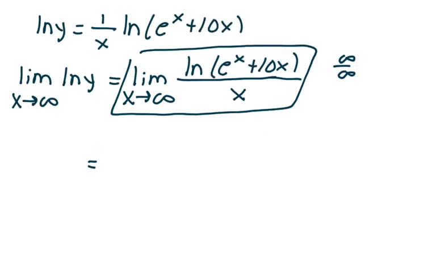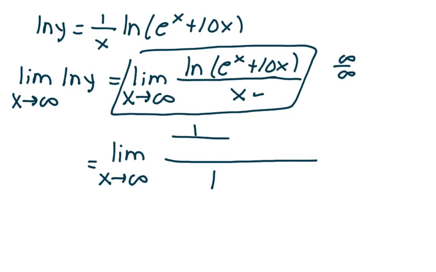Okay? And so this is the limit as x goes to infinity of. Now, the derivative of x is 1. The derivative of the numerator is 1 over e to the x plus 10x times the derivative of the stuff inside, which is e to the x plus 10.